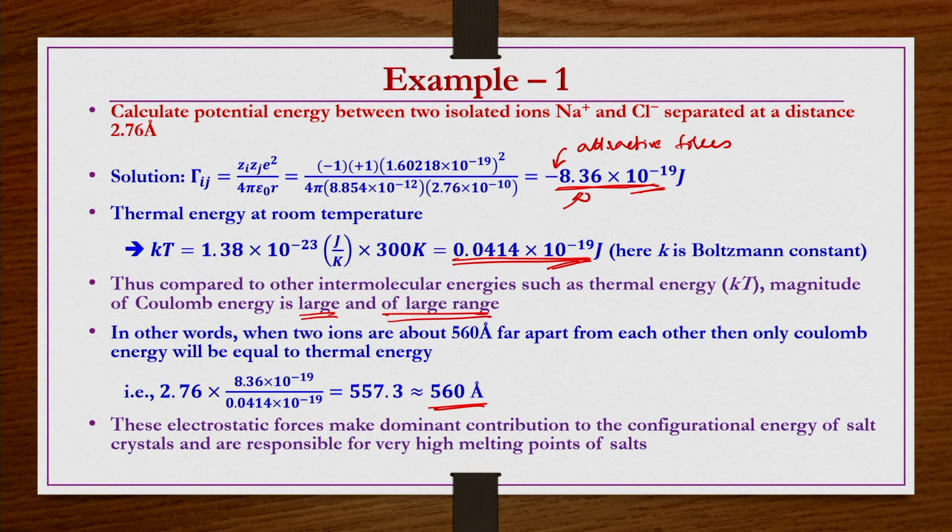Now we can understand that for Na+ and Cl-, the attractive force is so strong and so high that ionic compounds like NaCl, which dissociate as Na+ and Cl-, have a strong attraction that also acts over long range.